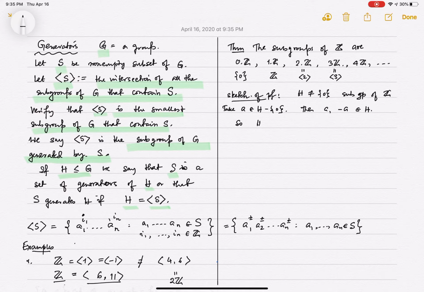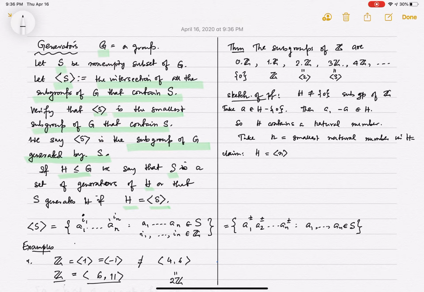So H contains a positive number, meaning a natural number. So take n to be the smallest natural number in H. And then you can show that H is basically just all multiples of n. So that's how you find a generator. You just take the smallest natural number in H.